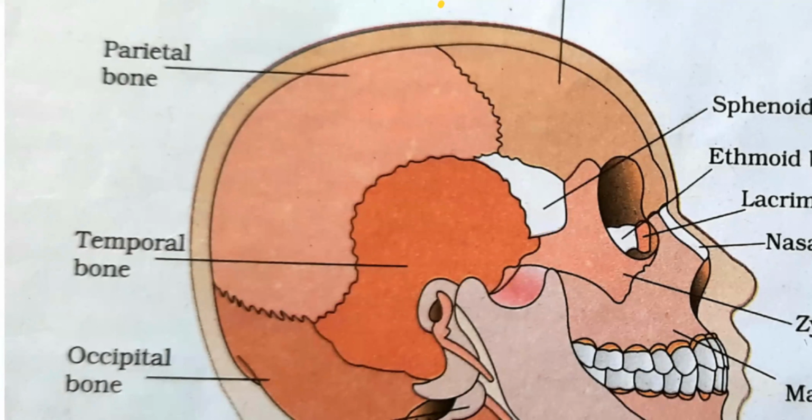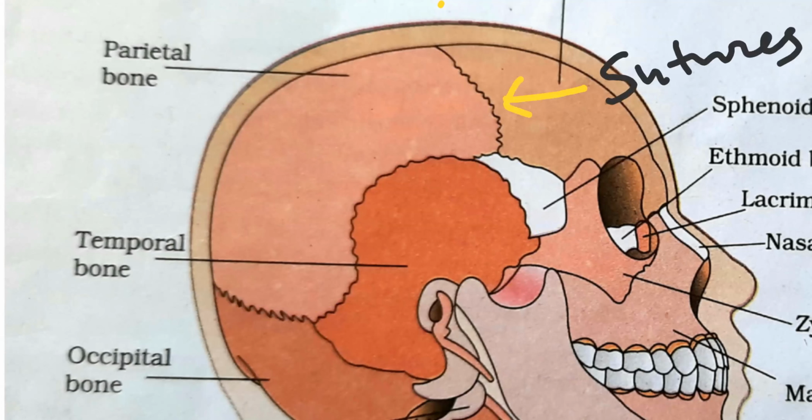And you know, particularly in a cranium, when you see these joints, they look like sutures. Sutures means, in Gujarati, sanda, as if stitches are arranged between the two adjacent bones. So these fibrous joints in the cranium are specifically known as sutures. They are called sutures.